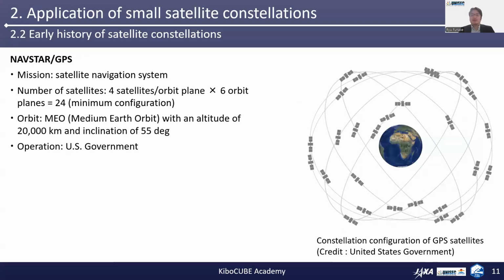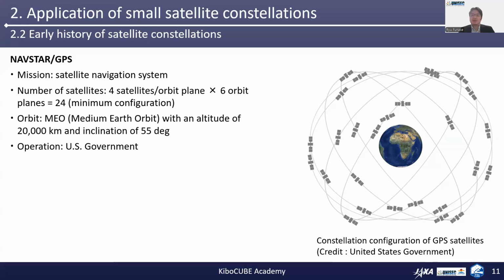The GPS, Global Positioning System, constellation is designed to have a minimum of 4 satellites visible at any time, and can determine the 3-dimensional position and time of a user at a lower altitude than the GPS satellites.